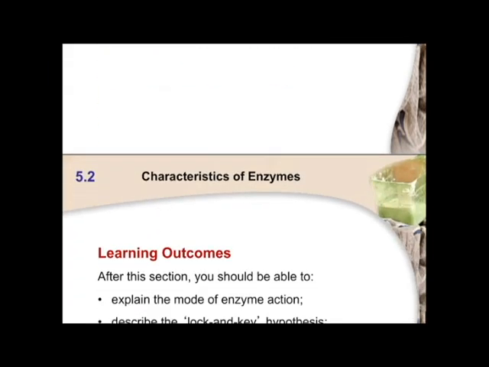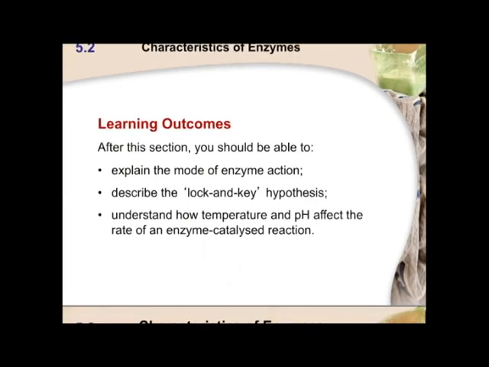Okay, next we look at some of the modes of enzyme action. In this case, it's mainly describing the lock and key hypothesis, and also understanding temperature and pH in terms of how they affect the rate of an enzymatic reaction.